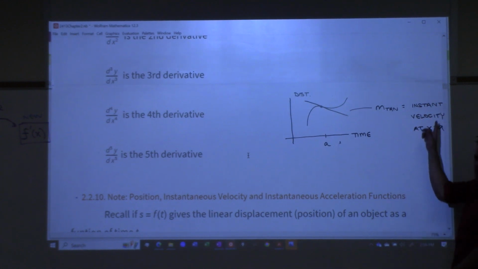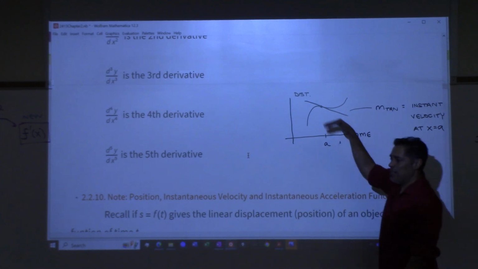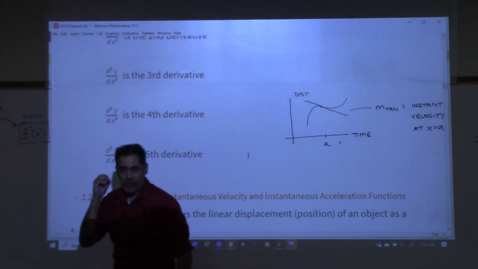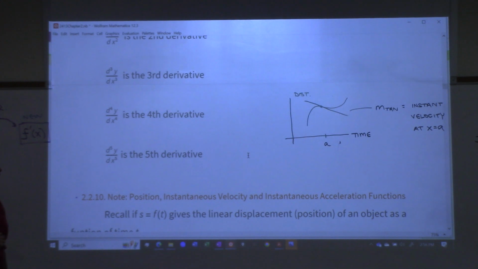So if this is time and distance, the slope of the tangent line gives you instantaneous velocity.